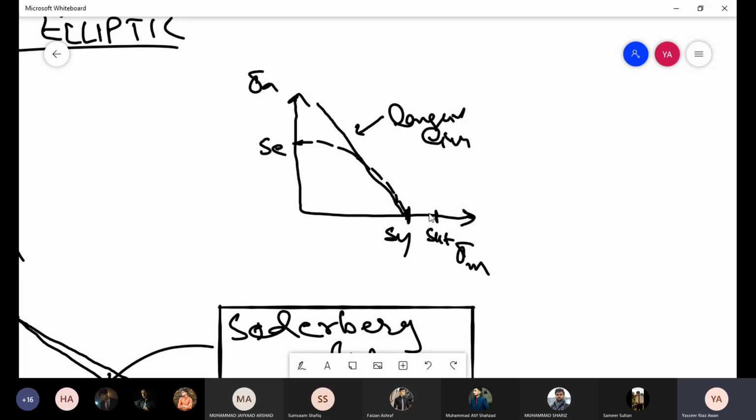Whereas the ASME elliptic uses SE and SY, and the same is the Soderberg. The difference is that ASME elliptic uses an ellipse, whereas the Soderberg uses a simple line to connect SE with SY. So Soderberg has a simple line.